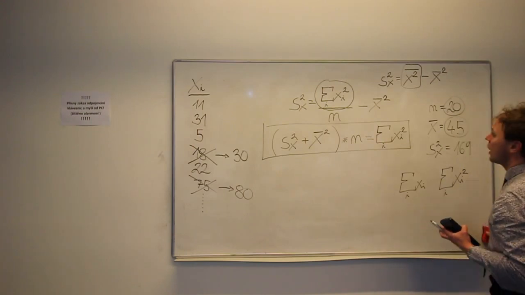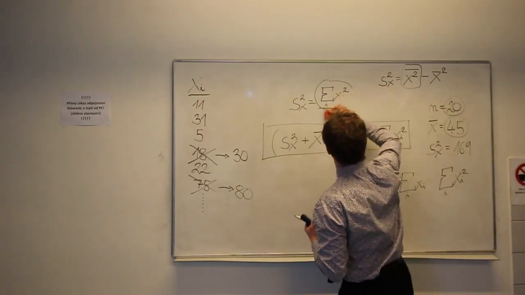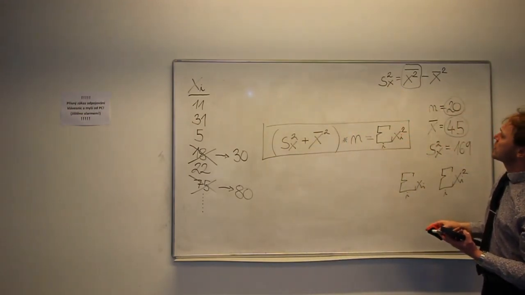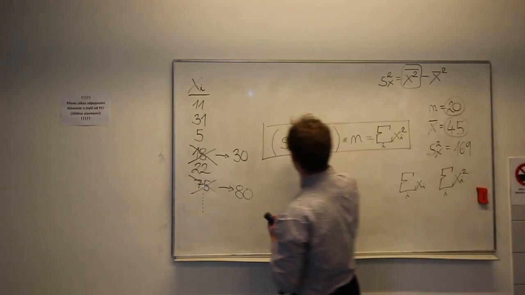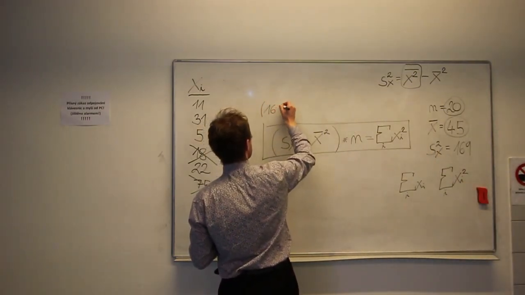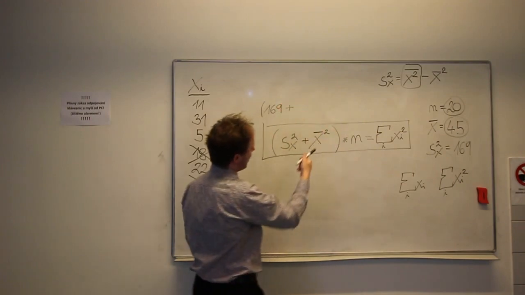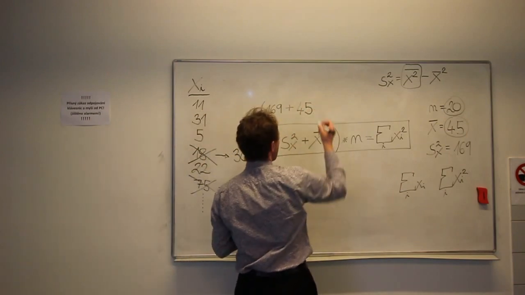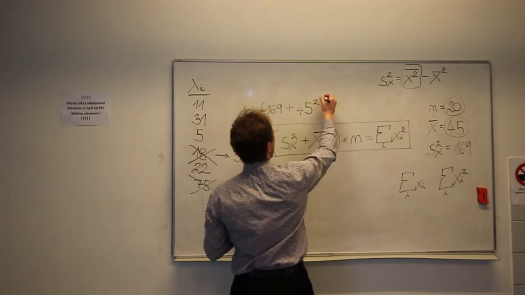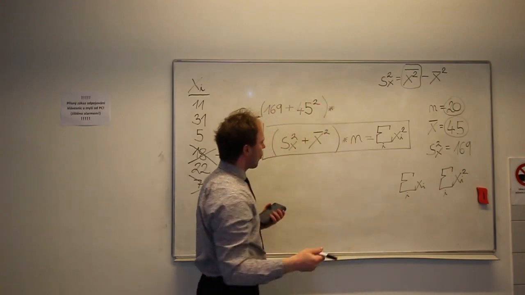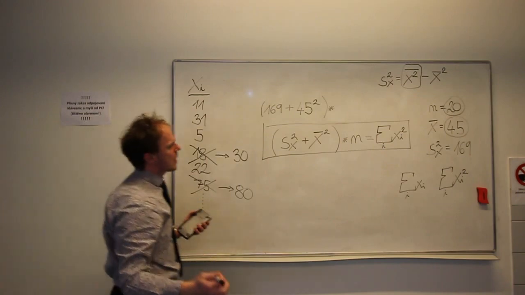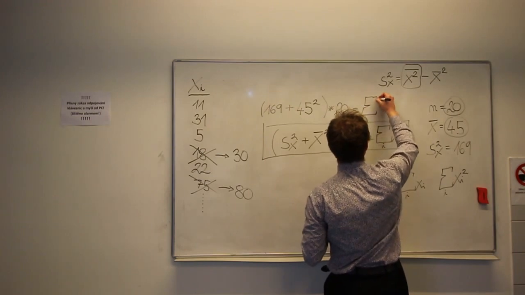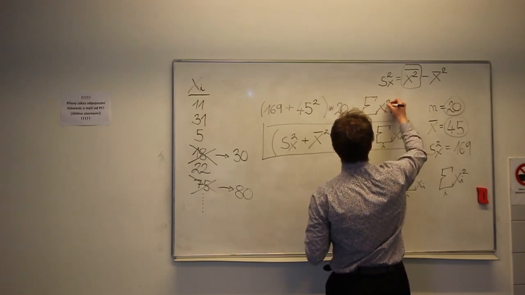So I will delete this and we will solve for the original old summation of x i squared. So the old variance, 169, plus the original mean, the original average, 45 to the power of 2, times n, the original sample size, 20. So this will be equal to the summation through all i of x i squared.